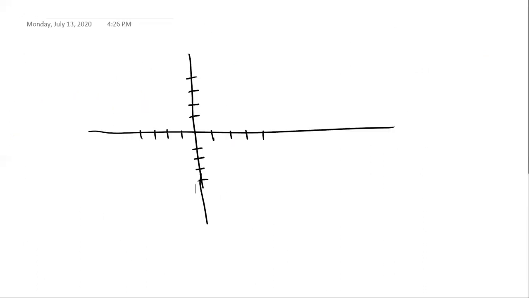So what we're going to do is come here to the point (1, 1) and draw just a portion of the tangent line, a small strip of it that has slope 2. So slope 2 is going to look something like this. Okay.